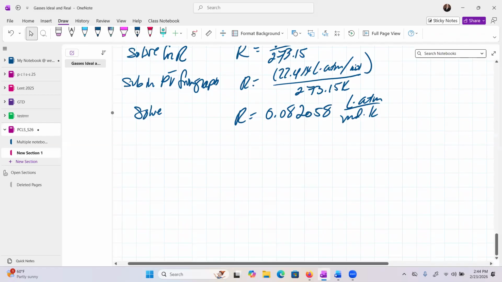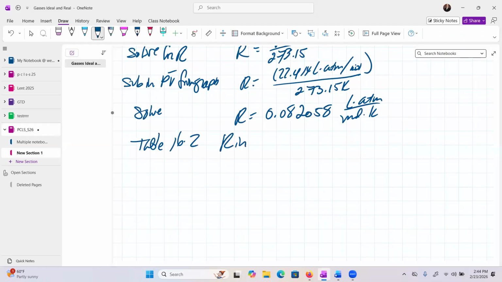Here is a table 16.2 in your supplementary readings, which has R in a variety of different units. That's just FYI. All right.